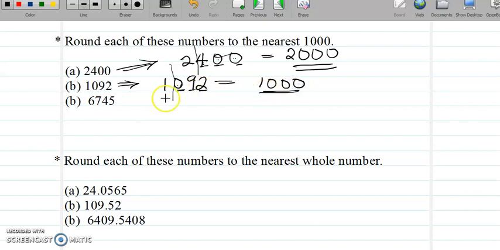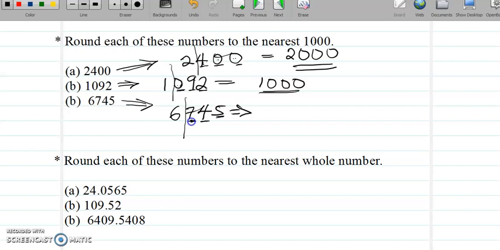I rounded this one. Now the last one there is 6745. To round it to the nearest 1000, we have triple 0: this will be 1, this will be 2, this will be 3. Got here? Now this last number that it ended with is greater than 5.